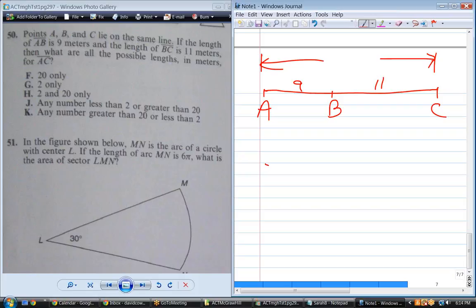What's the difference between the answers J and K? Very good notice. None, which means neither one of them can be right, because they're the same. All I've done is switch the wording: this one says this or this, and this one says this or this. So they're the same answer, and you never see two answers the same, so that can't possibly be it. So we only have three to choose from. It's either 20, or it's 2, or it's 2 and 20.